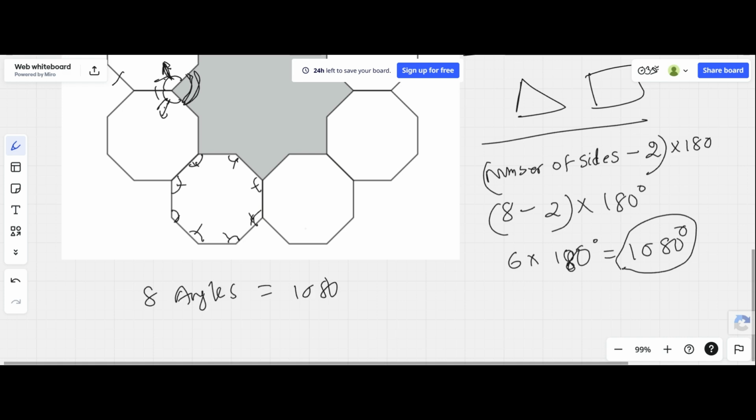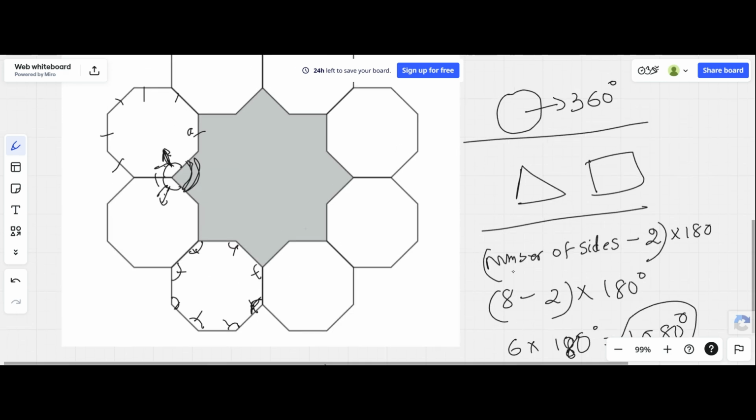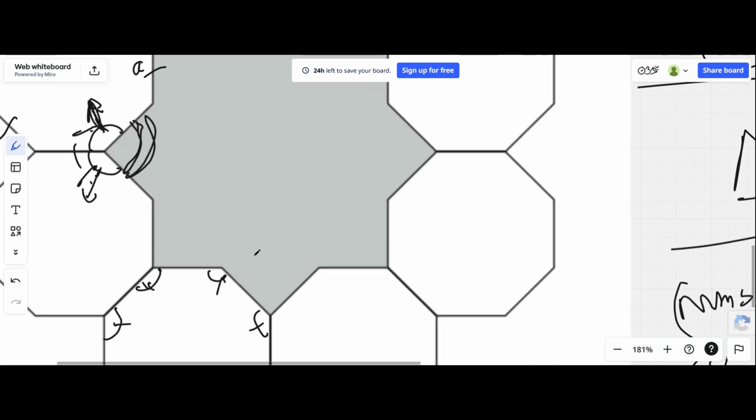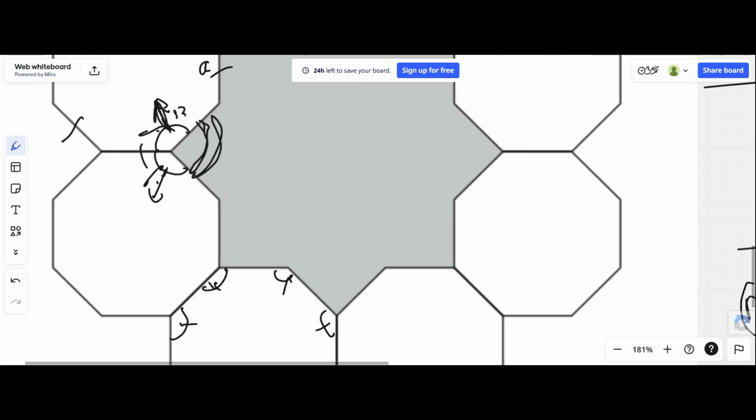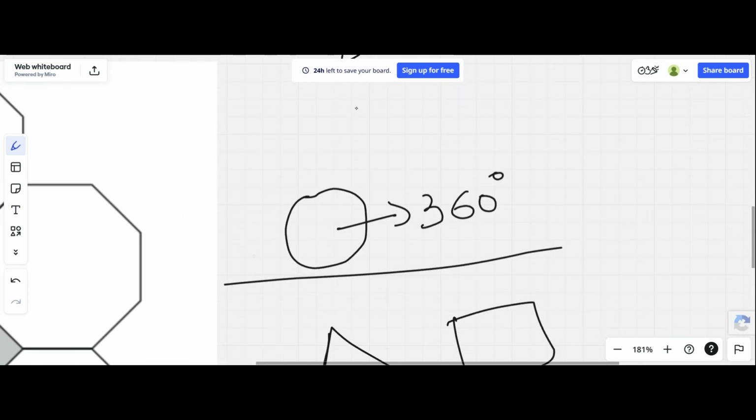So one angle, how much? So simple. You divide it by 8. If you divide 1080 by 8, it will be 135 degrees. So this angle is 135. This is also an interior angle, so this is also 135. So what is this angle? A circle is basically 360.